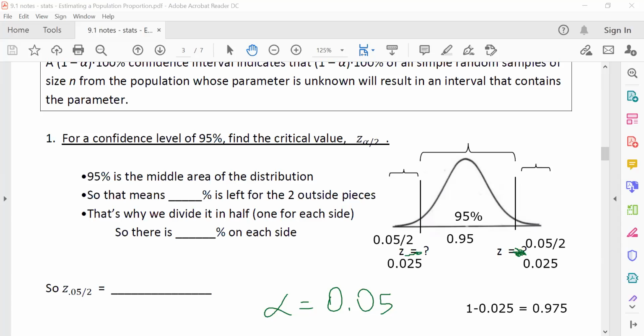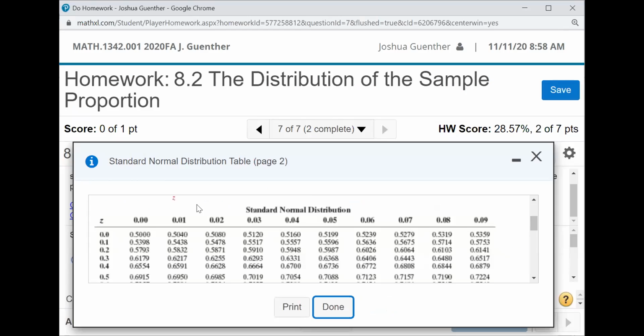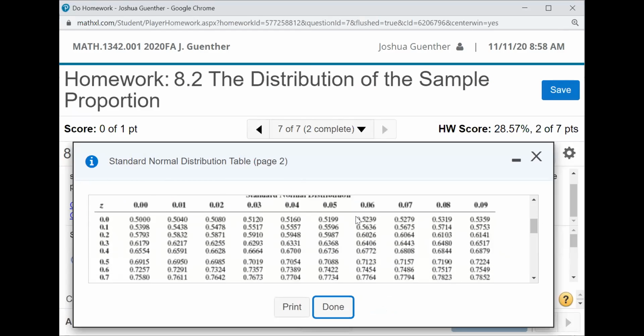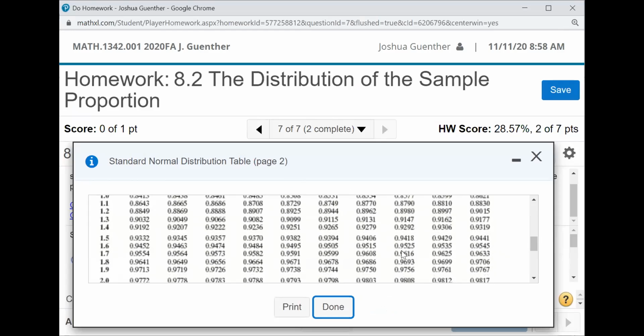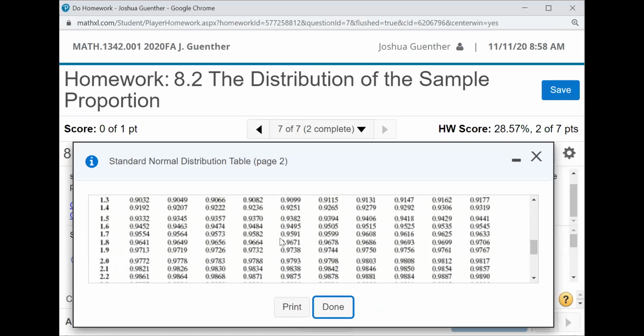But basically, we want to find 0.975 inside of the Z chart as a probability. Oh, there it is, 0.975. In fact, we get it exactly.